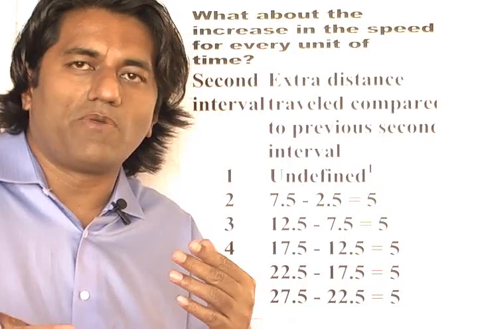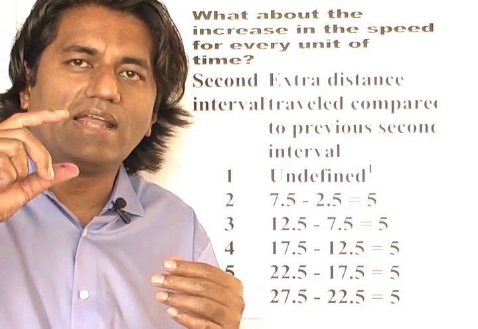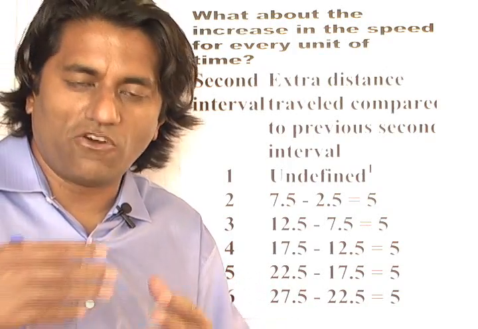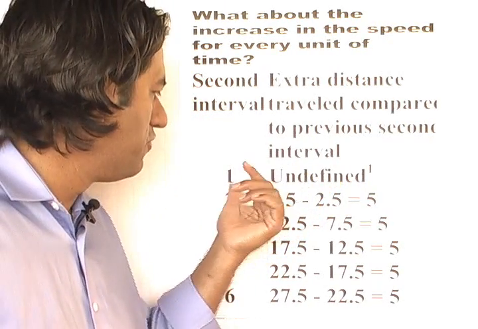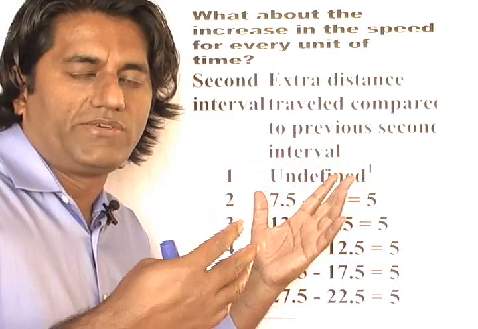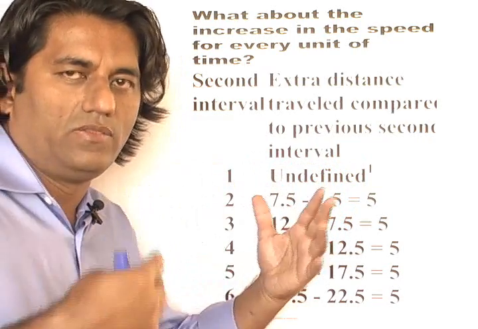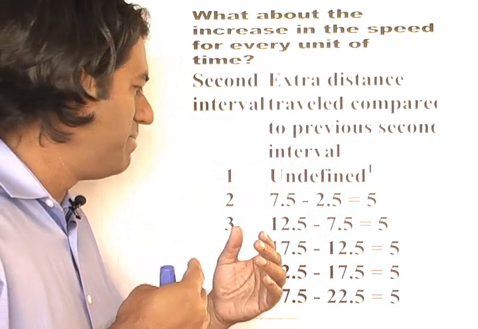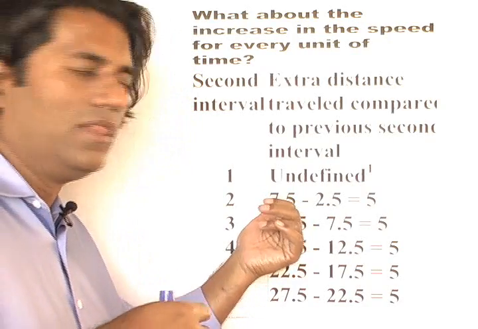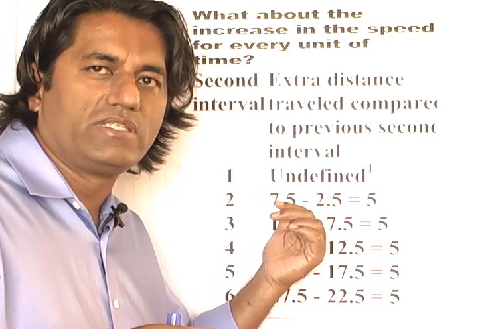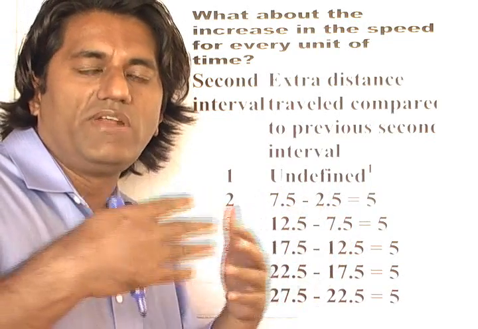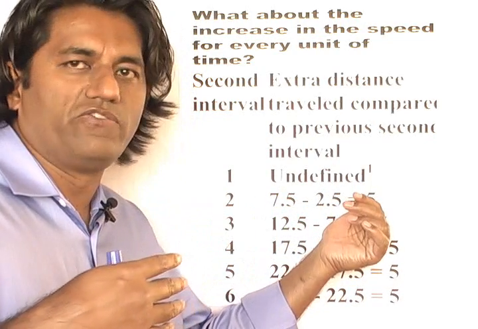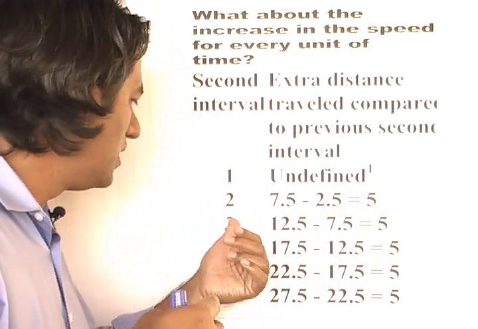The next processing that we do is to ask how much is the increase in speed for each second interval. In the first second interval, you can't really talk about increase in speed because there was no prior speed to compare to. But in the second interval, what we had was that the speed increased to 7.5 from 2.5. So the increase in speed was 5. What about the third second interval?